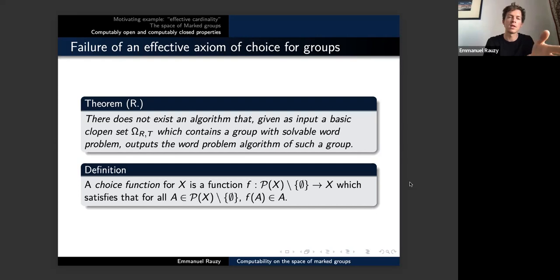The theorem written here says that a certain computable choice function does not exist for the space of marked groups. You are given a non-empty basic open set, and you want to produce a point in this open set, and the theorem says there's no algorithmic way of doing this. And because recursive Polish spaces always satisfy this type of computable axiom of choice, this shows that the space of marked groups is not a recursive Polish space.